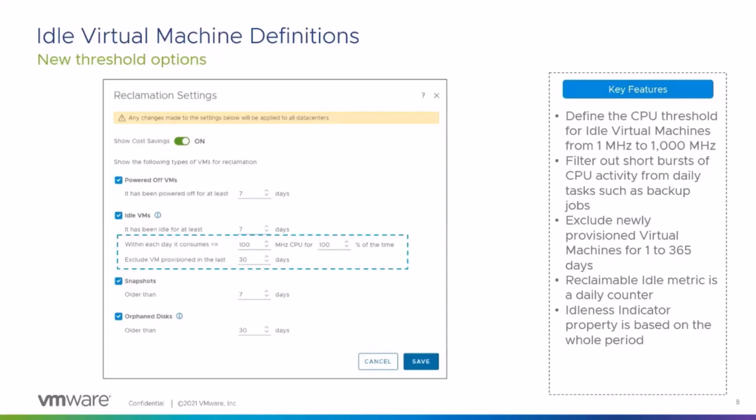Not only can you say that the virtual machine has to be idle for a certain number of days, you can also set thresholds on things like the CPU utilization and the percentage of time that the virtual machine needs to be below that threshold. There are also options now to exclude virtual machines, like newly provisioned virtual machines, to give users some time to start using them before you track them as being idle. So that's one of the new capabilities.